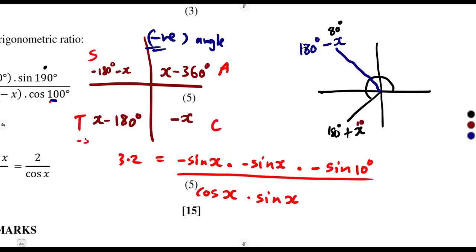So it's 180 minus 80, and our x is 80 degrees. Sorry, it's negative there, because this quadrant is for sine. So cos is negative. So it's minus cos of 80 degrees.